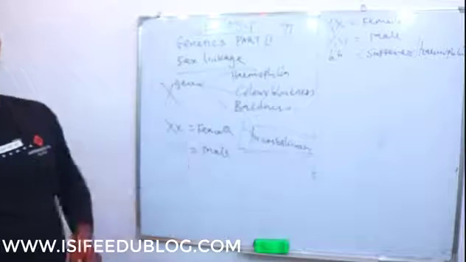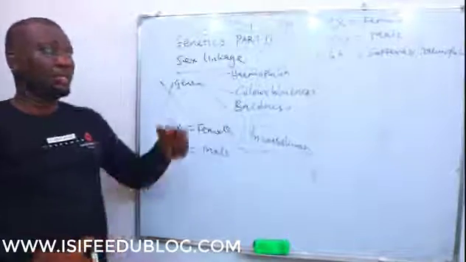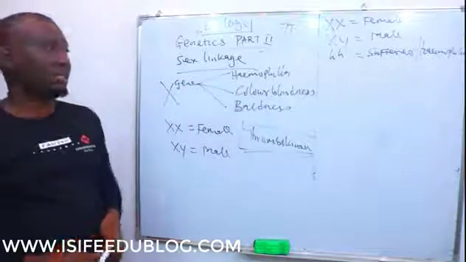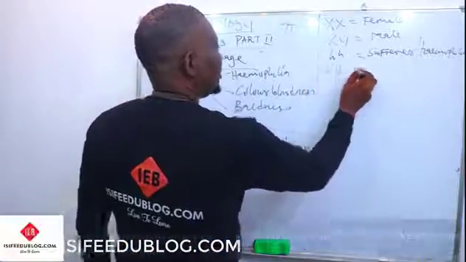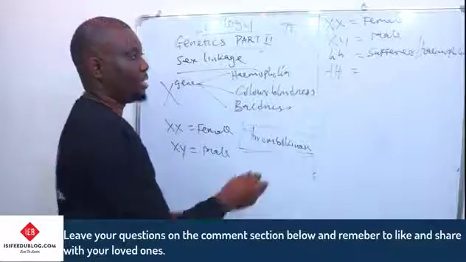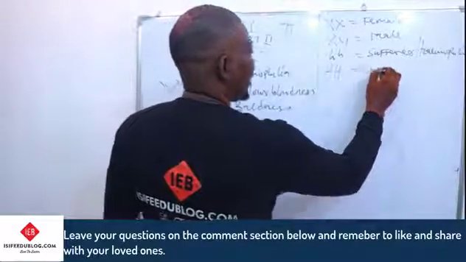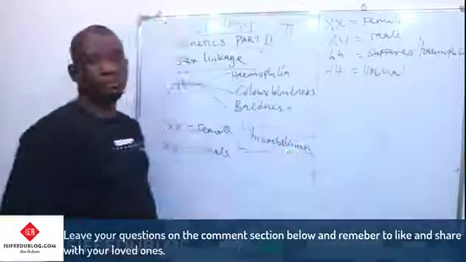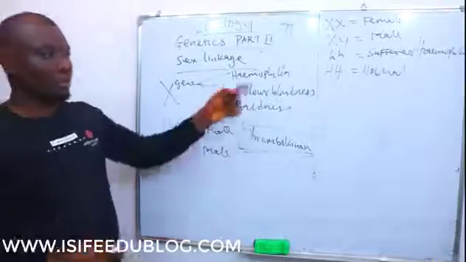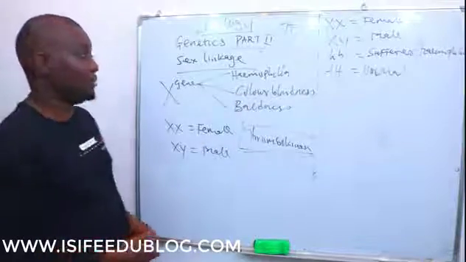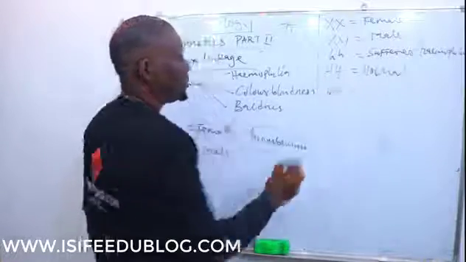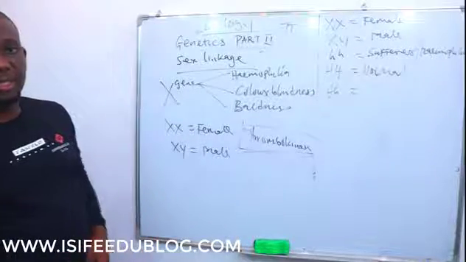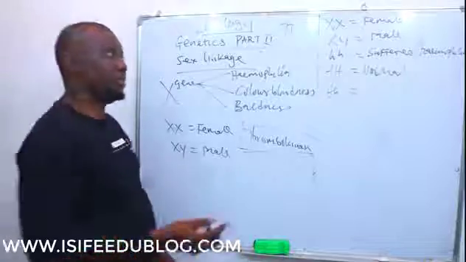That means they have the two copies of the gene. That gene can only affect people if they are in this condition. So what if I have it in uppercase letter? It means that the people here are normal, because it's dominant. And people who have both traits are normal, but they are carriers.